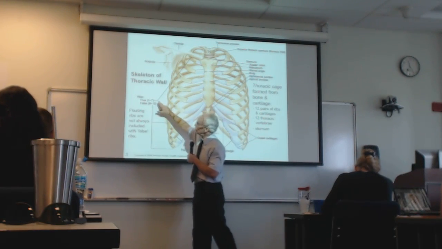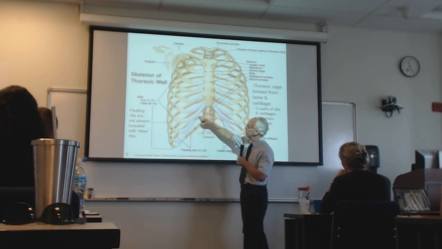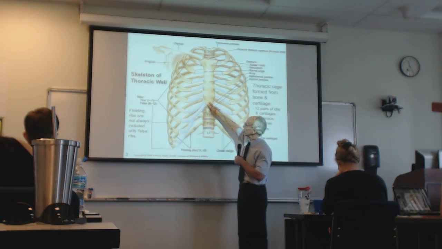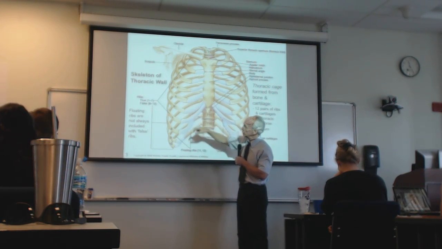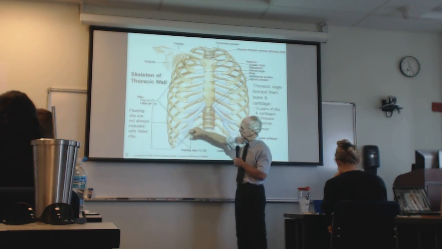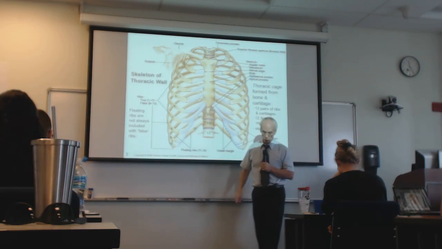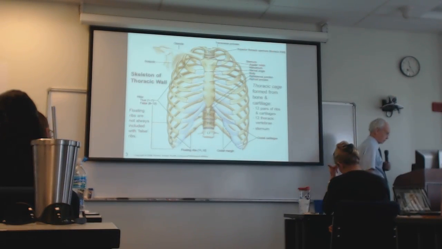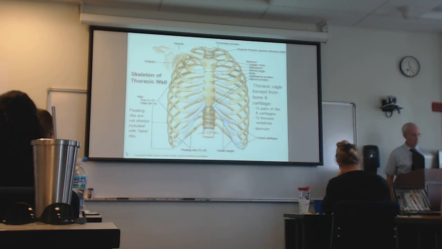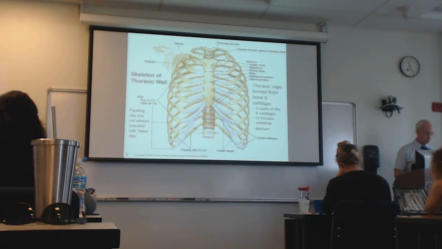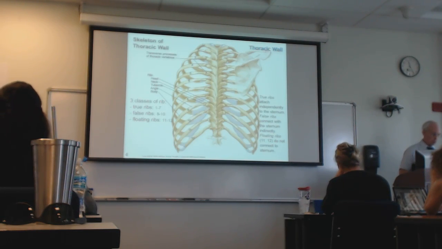We differentiate the true and the false ribs. The true ribs connect directly to the breastbone or sternum. Ribs 8 through 12 connect either indirectly, you can sort of see them lining up here, or, for the last 2 ribs, the 11th and 12th, do not connect to the anterior cage at all. Those are called the floating ribs. Posteriorly, you can see the costal connections of the vertebrae with the ribs.